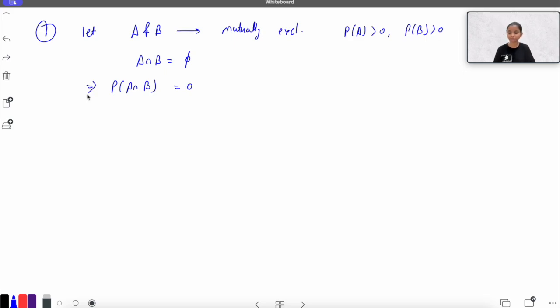Now let's write this probability of A intersection B using the multiplication theorem of probability.